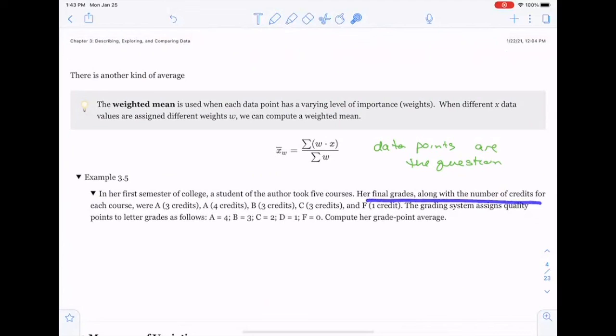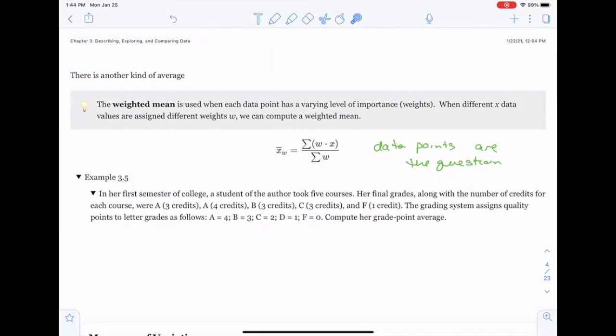She received an A in a 3-credit class, an A in a 4-credit class, a B in a 3-credit class, a C in a 3-credit class, and an F in a 1-credit class. If you're not familiar with how GPAs are created, an A is worth 4 points, a B is worth 3, a C is worth 2, a D is worth 1, and an F is worth no points.